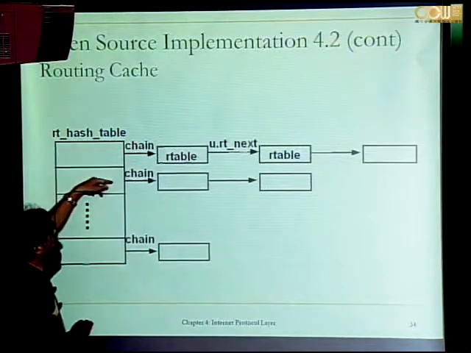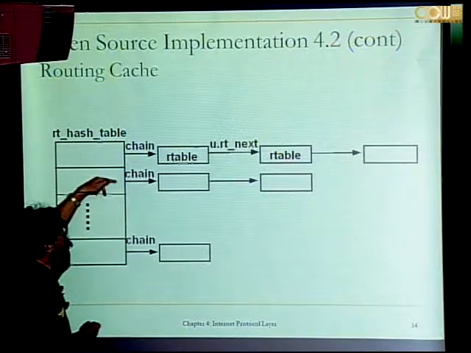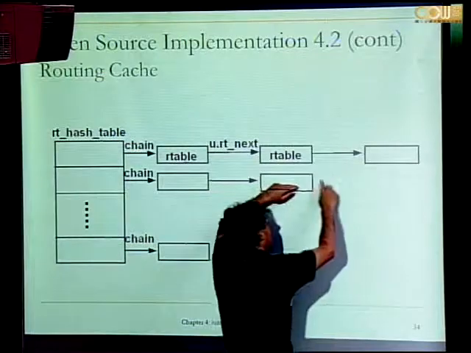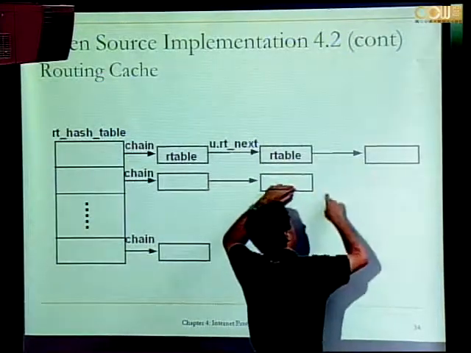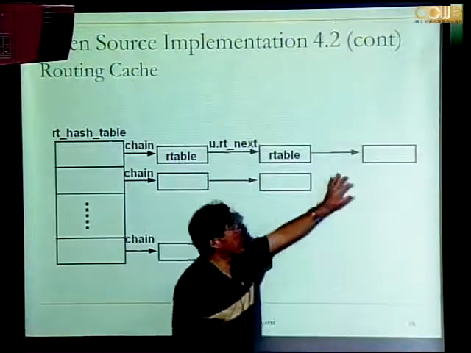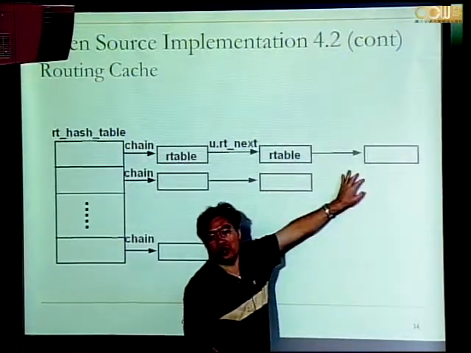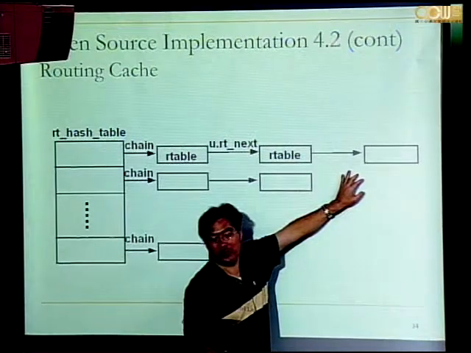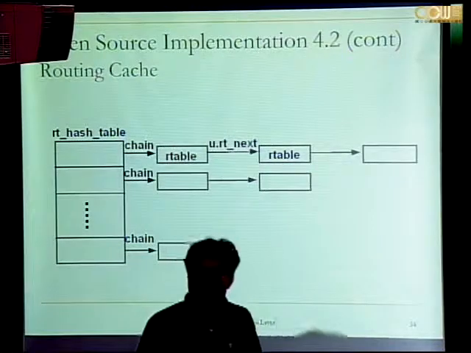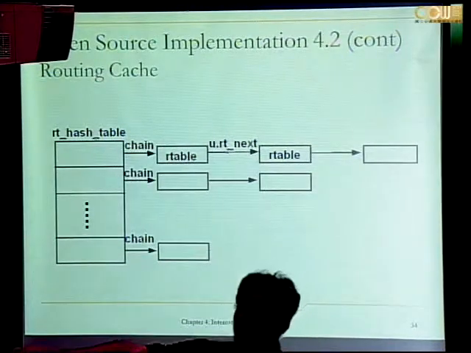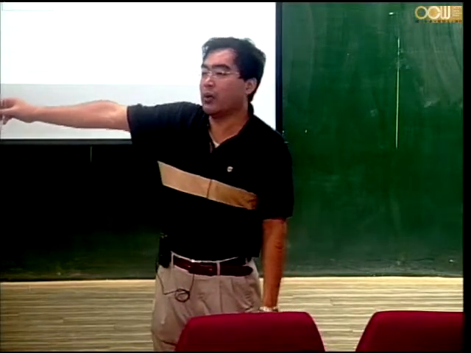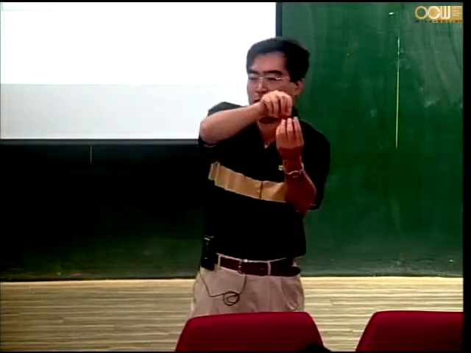Then I traverse to the end and mount another new entry here to store the result I just found in the FIB table. So for the first packet, I would have a cache miss. I look up the FIB table, which takes a longer time, but eventually I get a result. And when I get a result, I insert it into the cache.